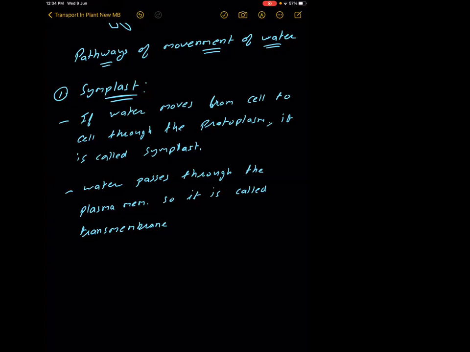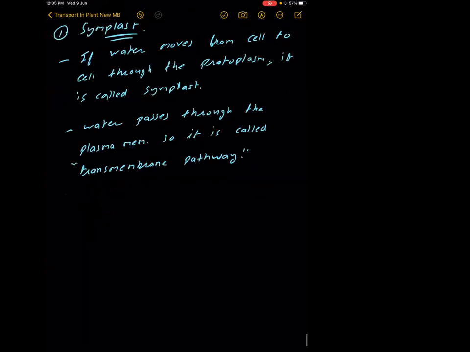Symplast or transmembrane pathway, because it has to pass the membrane. Compulsorily, it passes the membrane to enter the protoplasm. So it is called transmembrane pathway. Is it clear? I will show you in the diagram. Just a minute, let me finish this definition.